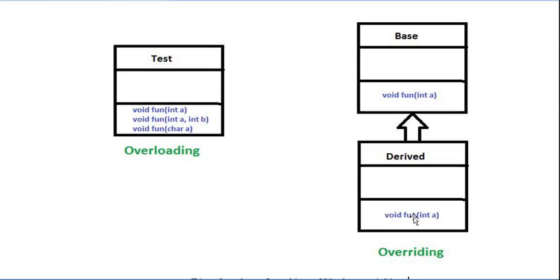If you observe the derived class method fun prototype and the base class method fun prototype, both are the same. In this case, we say the derived class method fun overrides the base class method fun. This we call method overriding.